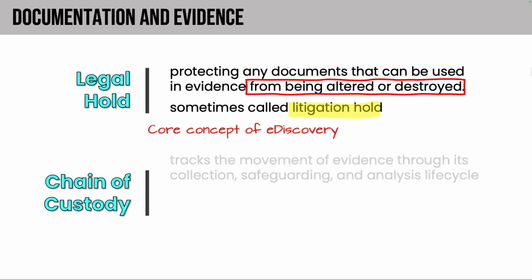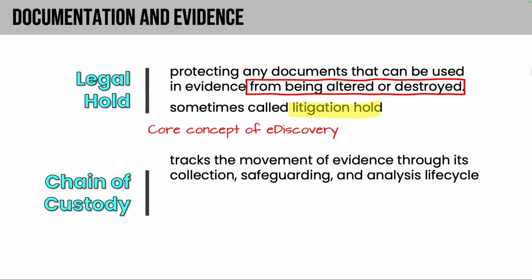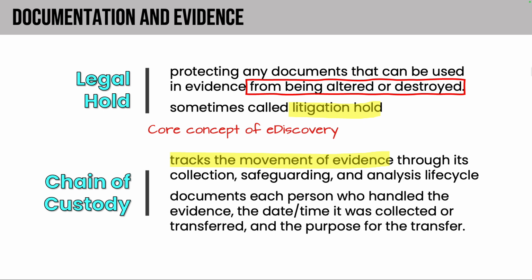So chain of custody tracks the movement of evidence through its collection, safeguarding, and analysis life cycle. It documents each person who handled the evidence, the date or time it was collected or transferred, and the purpose for the transfer. So if anyone looks at that data, moves that data, touches that data, we have a clear chain of custody, every bit of movement or interaction with that data, and a clear reason for why it happened.